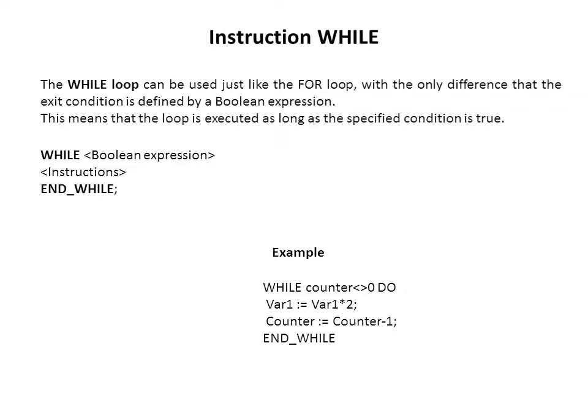However, if the number of repetitions is known, it's preferable to use FOR, since it eliminates the possibility of accidentally falling into an infinite loop. This is the specific instruction WHILE.